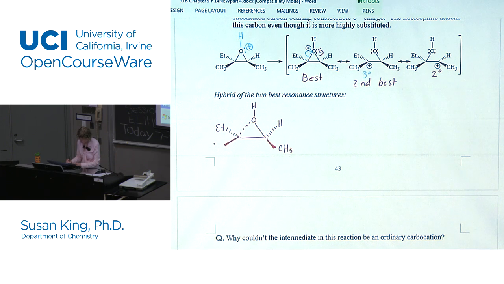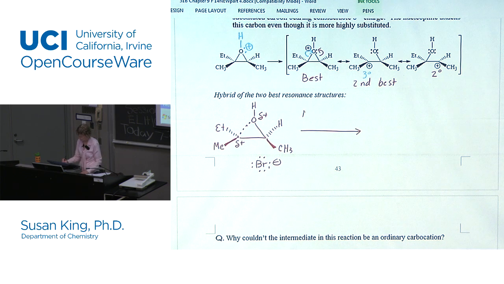Here's my methyl here. And I'm just going to do a hybrid of the first two, so that means I have a partial positive here because I have a positive on oxygen in the first one, none on oxygen in the second, and the carbon on the left has partial positive. And so it turns out that the nucleophile is going to want to come in and attack the side that's the most electron deficient.